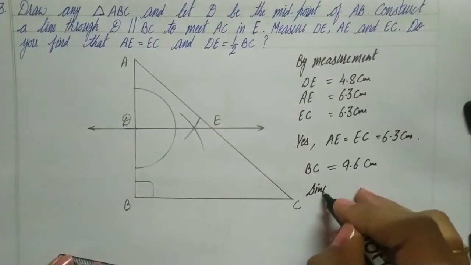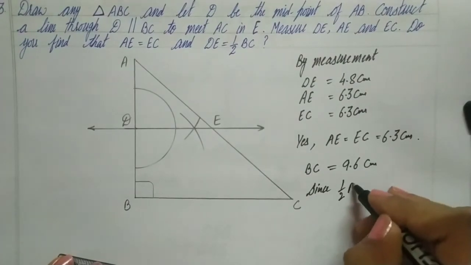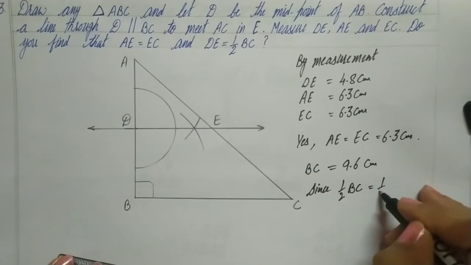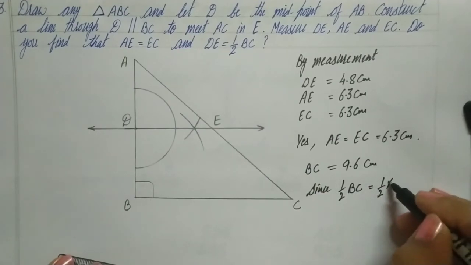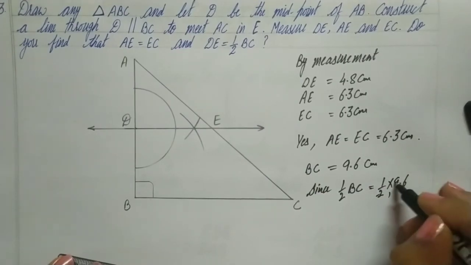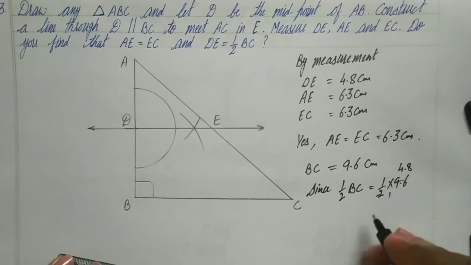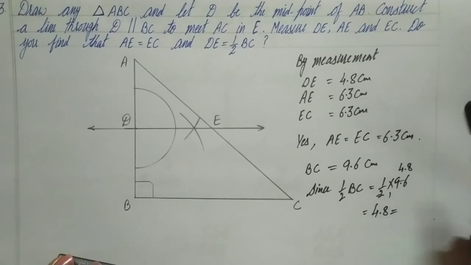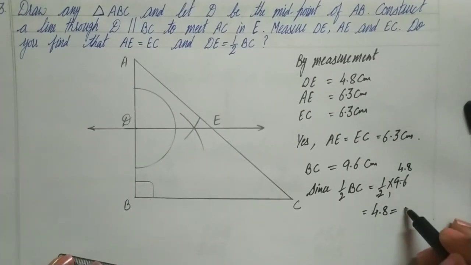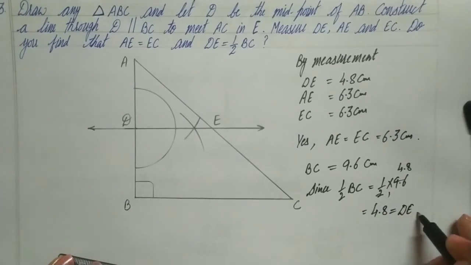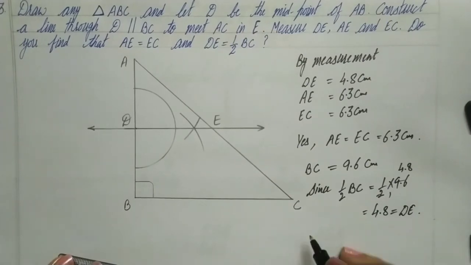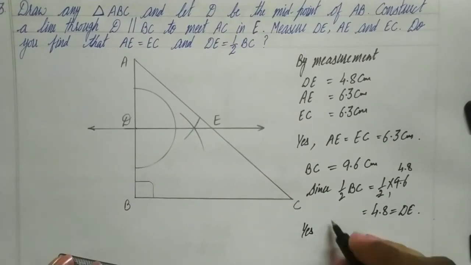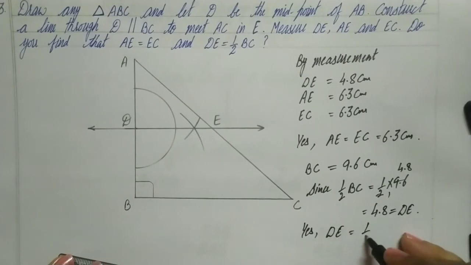Since half of BC is half of this, that is 4.8, which is equal to DE. Yes, DE is equal to half of BC.